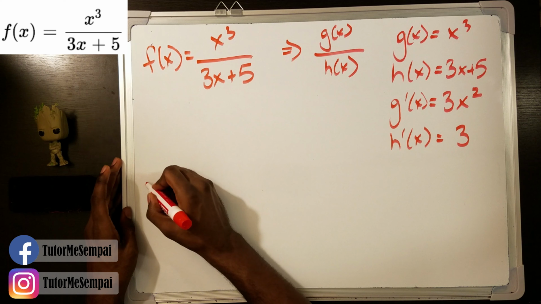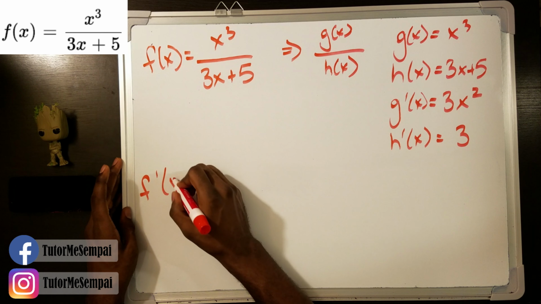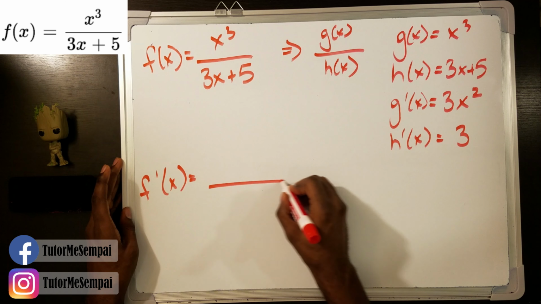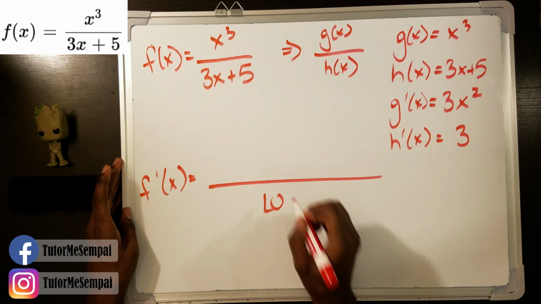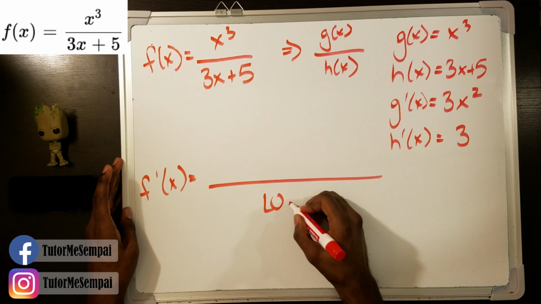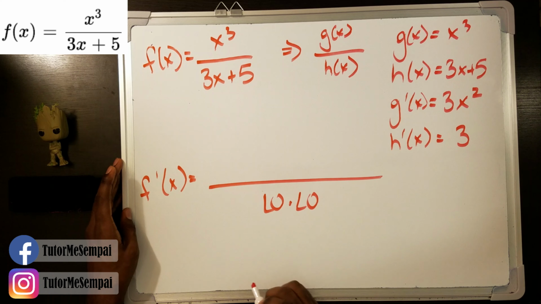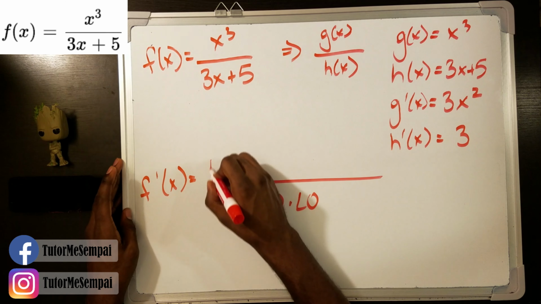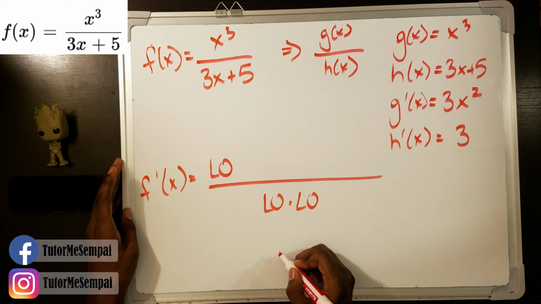So remember, f prime of x is going to have a low, right? And while you're at it, let's put another low. So we have a low low. And then while you're at that, let's put our third low up top.